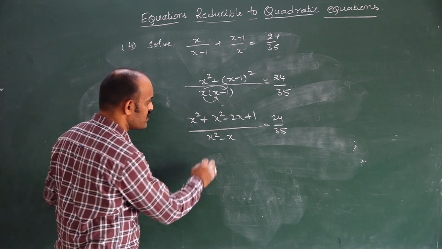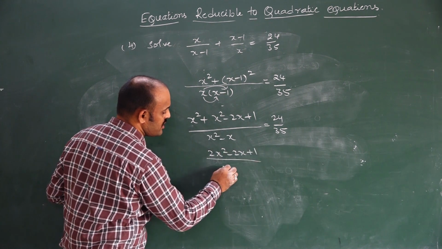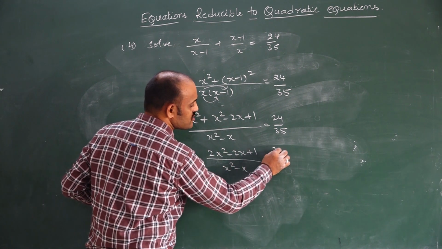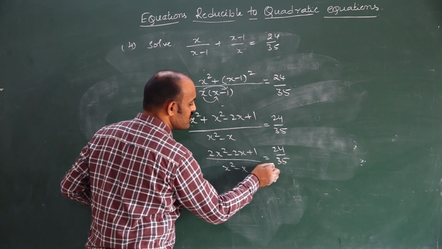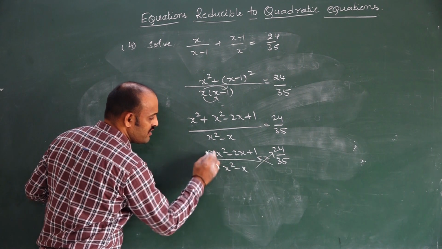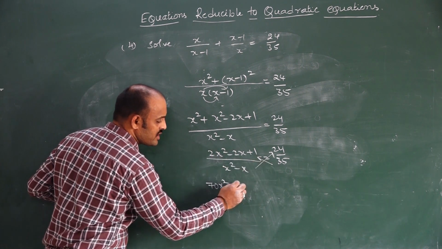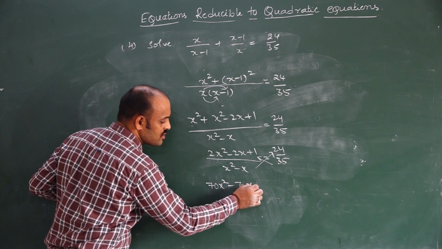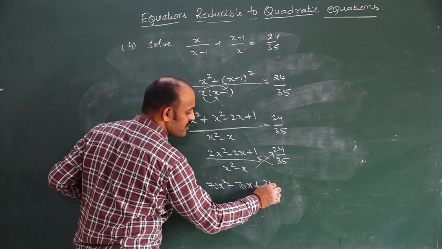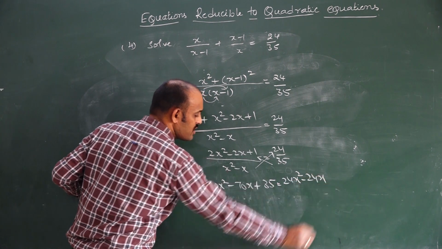x square plus x square, 2x square minus 2x plus 1 by x square minus x is equal to 24 by 35. Do the cross multiplication. 35 into 2x square, 70x square. 35 into 2x, 70x. Plus 35 into 1, 35 is equal to 24x square minus 24x.